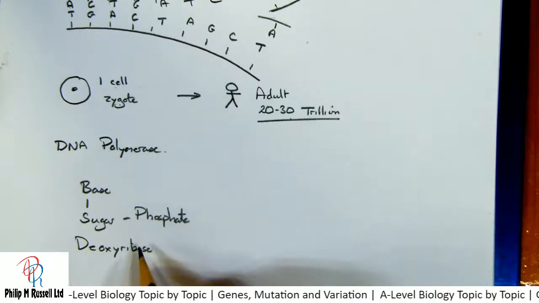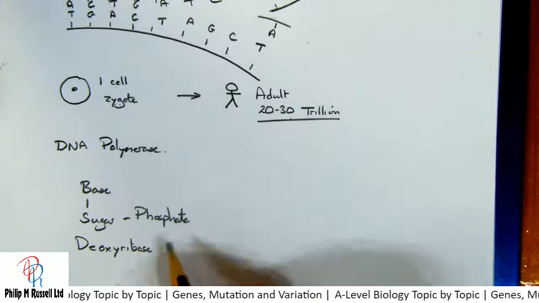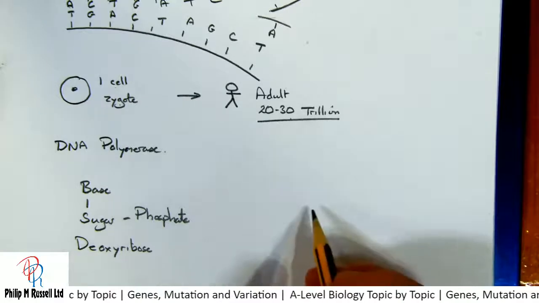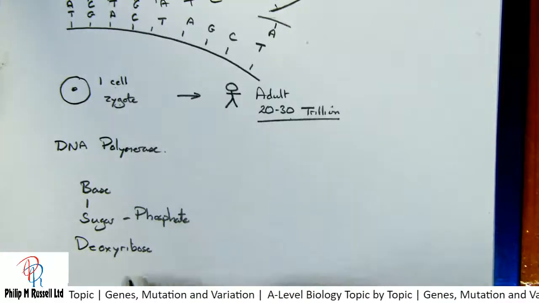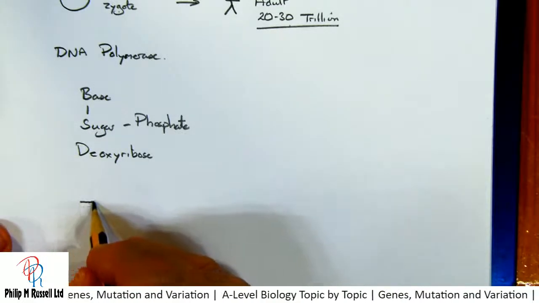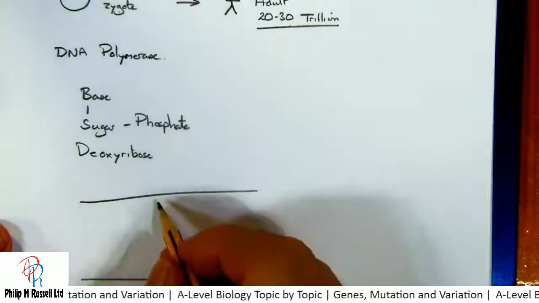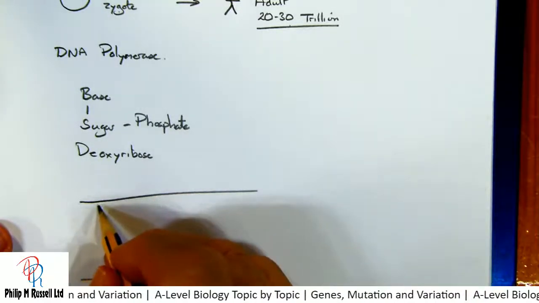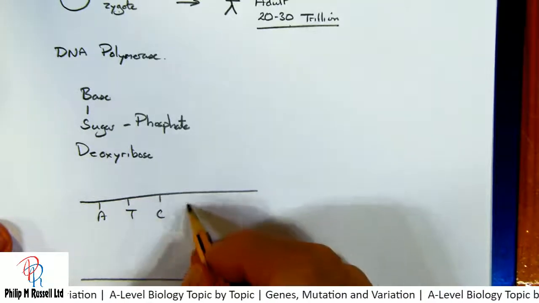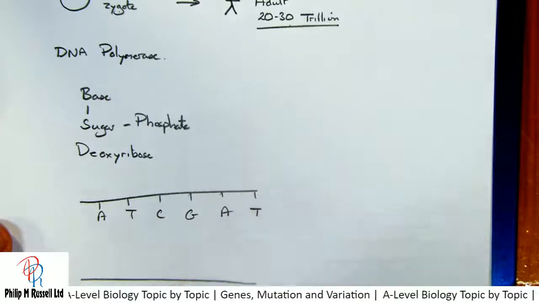Now when they join one at a time, we can see that it's going to work in an odd way. So let's look at what I've got. I've got two strands of DNA I want to make, and I've got here my A, T, C, G, carrying on the same sequence.